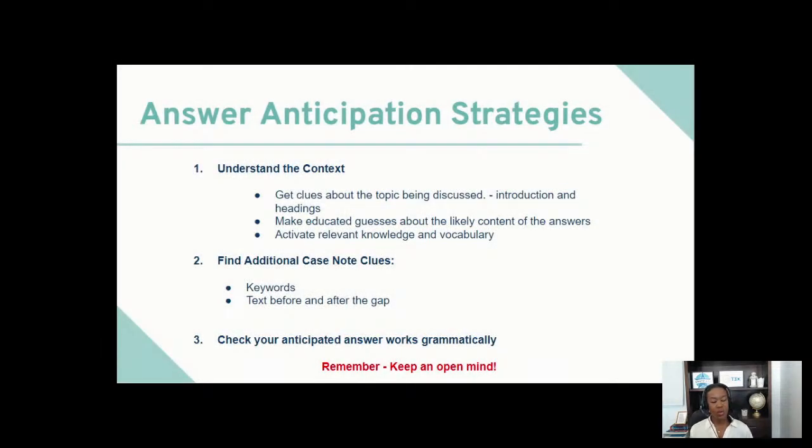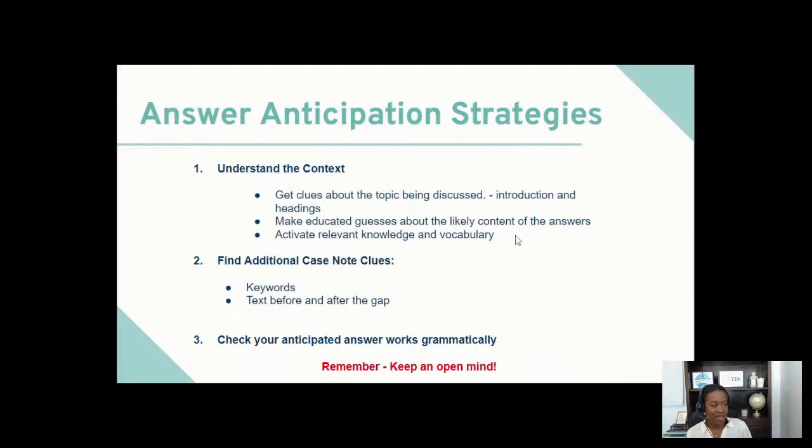Okay, so let's outline the strategy that you can use in order to anticipate the answers. So, first of all, you need to understand the context. You're going to get clues about the topic being discussed in the introduction and the heading that you'll see in your exam paper.